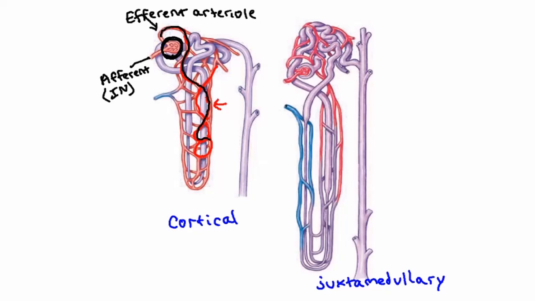See, it comes down and it branches off, and it makes all these different branches, and it just wraps all the way around the DCT, the loop of Henle, and the PCT. So the loop of Henle and the PCT and the DCT, these tubules have all of these capillaries wrapped all around them. So these capillaries are really close by these tubules. So keep that in the back of your mind as we go into how this urine is made.